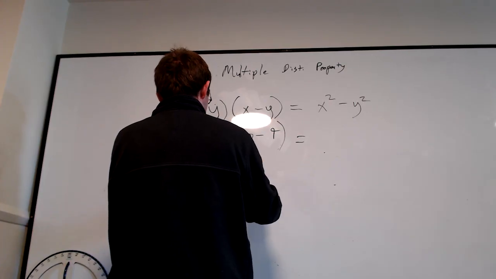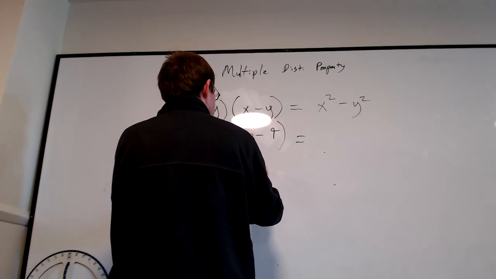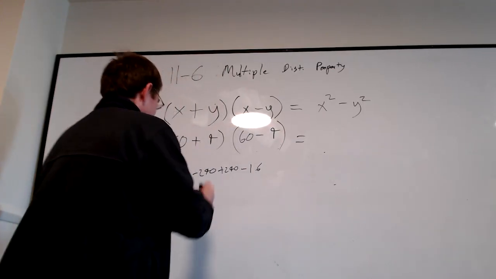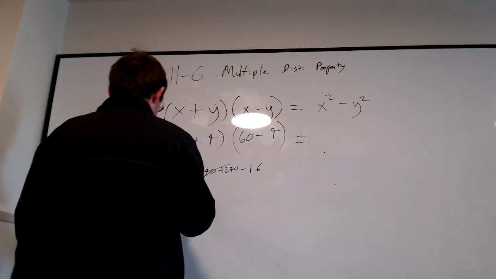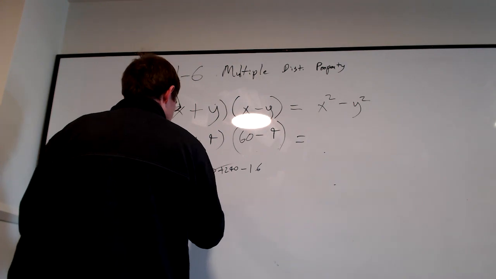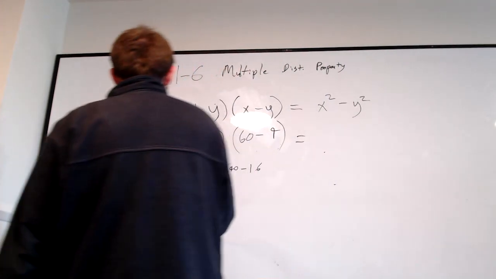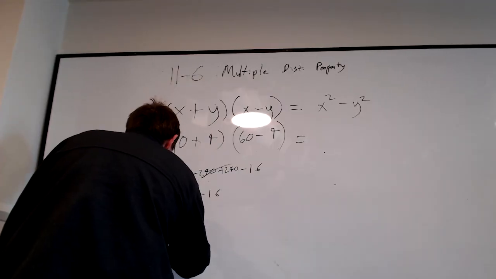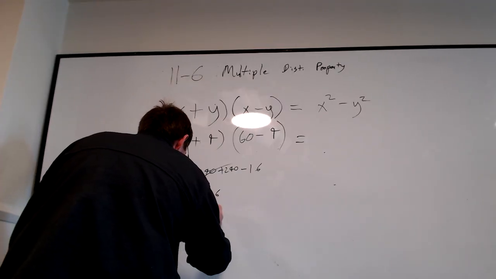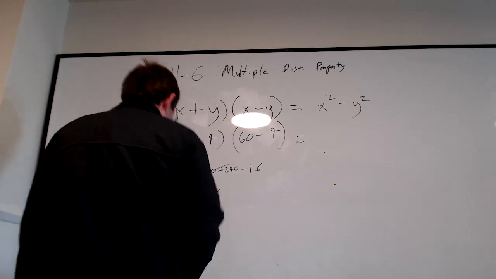Then it's going to be minus 16. So these cancel, and we get 3600 minus 16. So this is the same as 60 squared minus 4 squared.